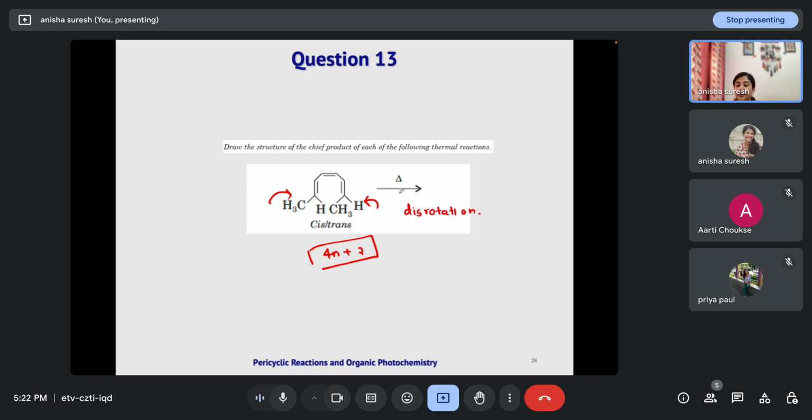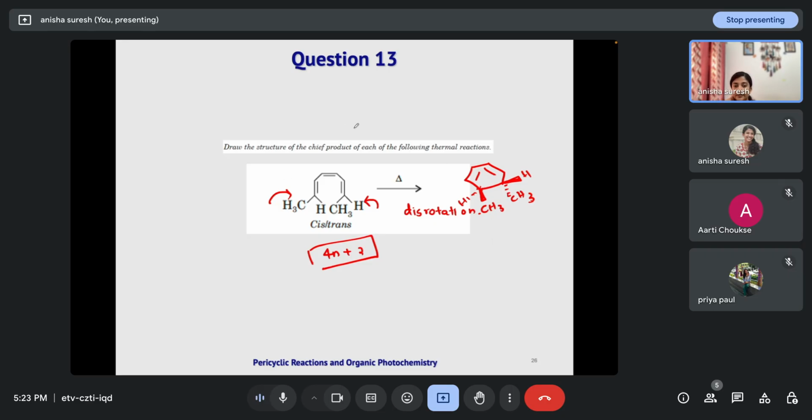So a trans product we will be getting. Yes, ma'am. So here hydrogen will be above the plane in this case and CH3 will be above the plane in this case.